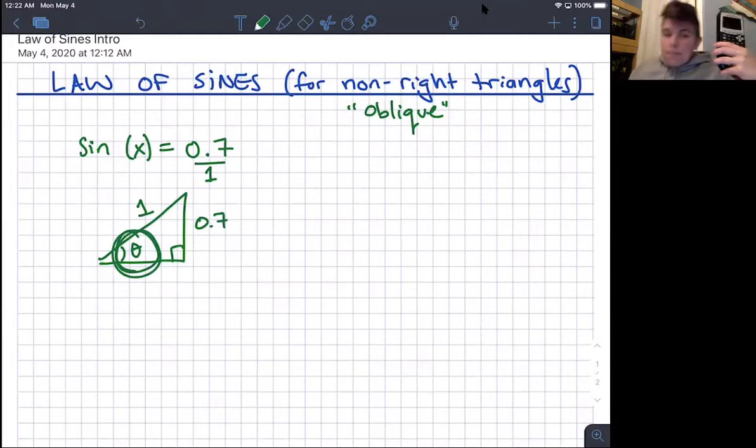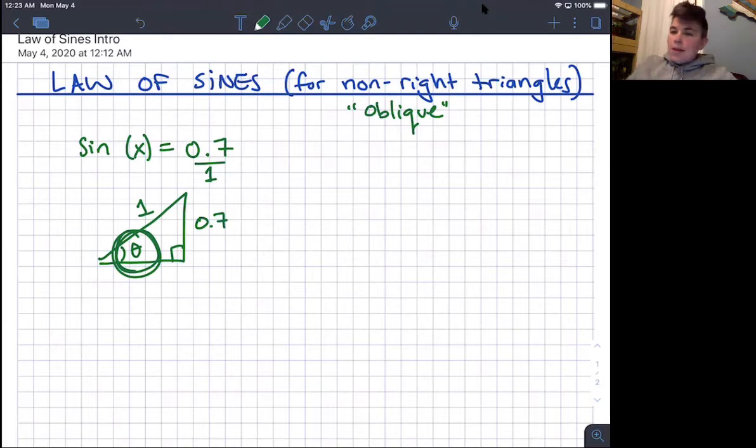Here's the thing. Just like all of the angles on the unit circle have a very specific sine, the sine of 30 degrees is always going to be 1/2, no matter what. The sine of pi over 6 radians is always going to be 1/2, no matter what.